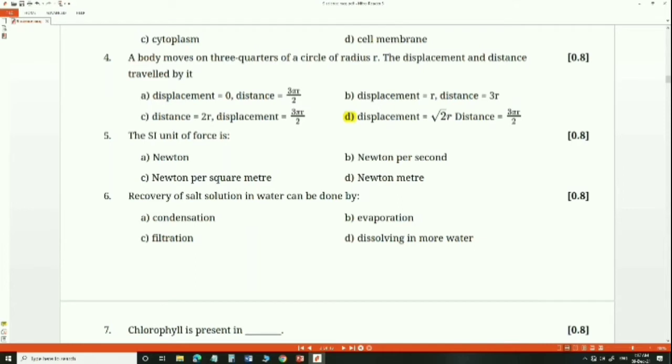The SI unit of force is, what is the SI unit of force? You all know. So comment below. A Newton. It's simple. Is there any need of explanation? No need, but I want to give you a short explanation.